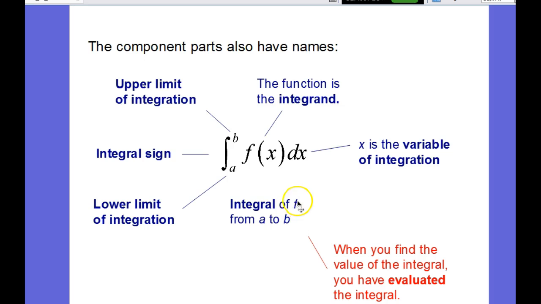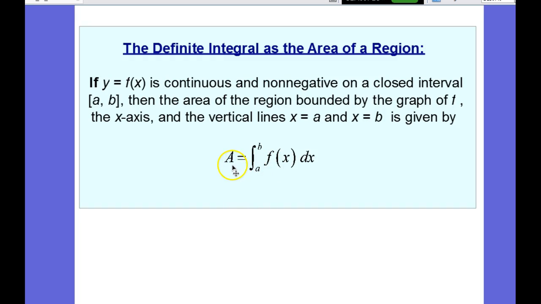And so the integral of f from a to b, this is what we're going to have when we find the value of the integral, we have evaluated the integral. So we can consider the area of the region bounded by f of x on the closed interval from a to b to actually be this definite integral.